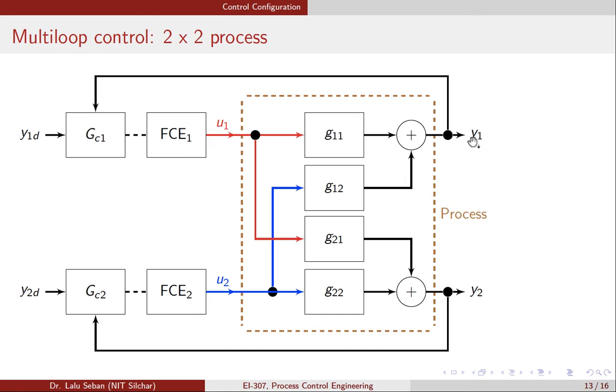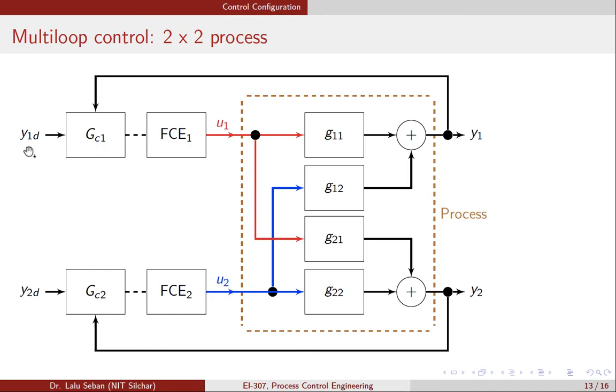You can see that the measurement from y1 is fed to controller 1, and controller 1 is taking care of manipulating u1. Similarly, the measurement from y2, output 2, is fed to controller 2, and controller 2 is used to manipulate u2.